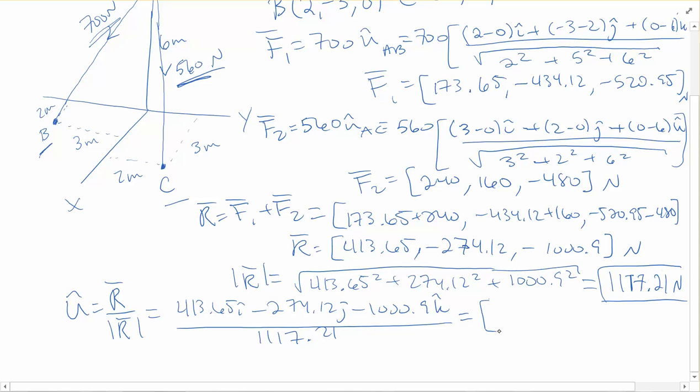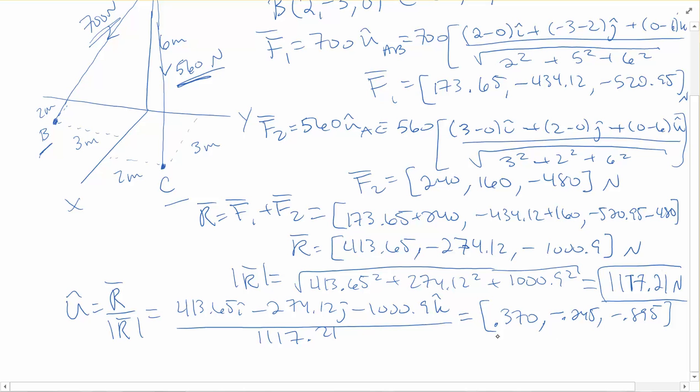That gives us the unit vector: 0.37 for x, negative 0.245 for y, and negative 0.895 for k. You can see our k component is much bigger than the other two.